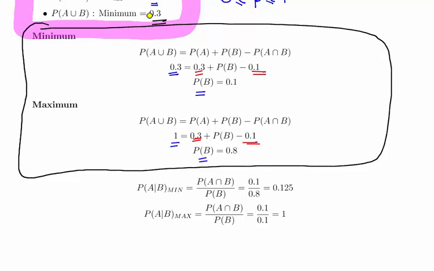If we work out in both cases what the probability of B would be, we find very quickly that the minimum is 0.1 and the maximum is 0.8.